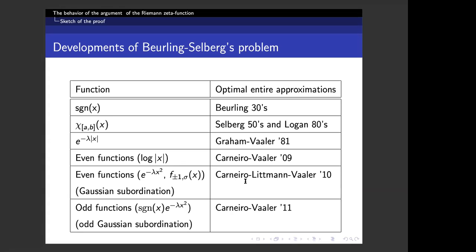In another paper, Carneiro, Littmann, and Vaaler solved this Berlin-Selberg problem for a big family of even functions, including the Gaussian functions and this special function that we want. And finally, Carneiro and Vaaler solved this problem for a big family of odd functions, for instance, this type of function.